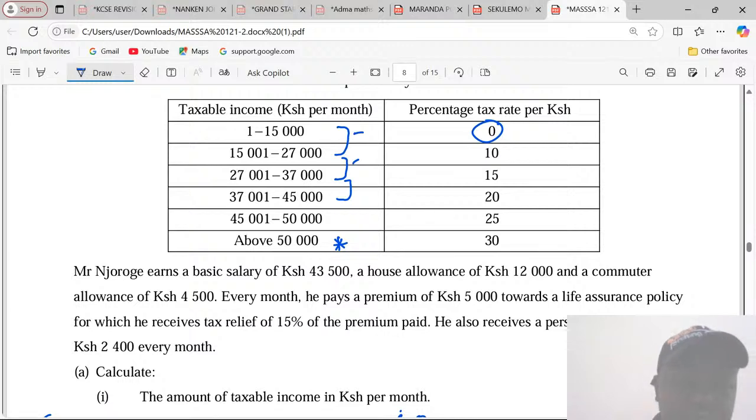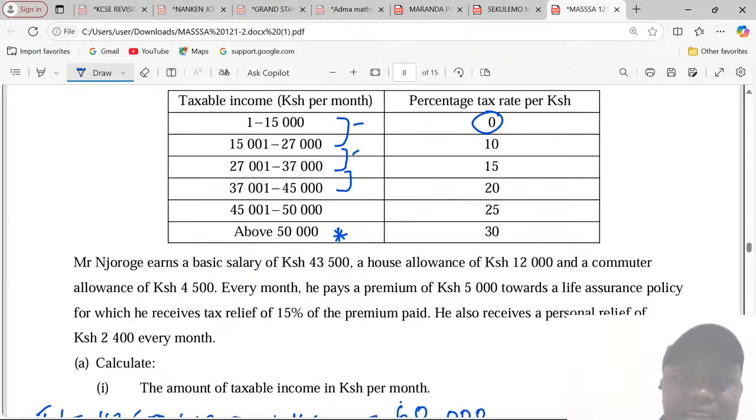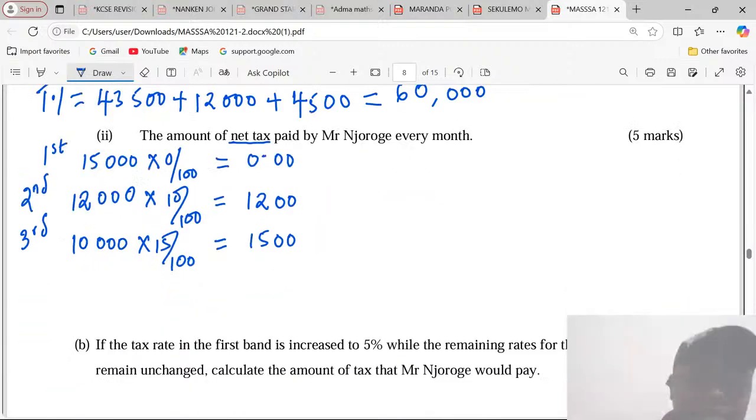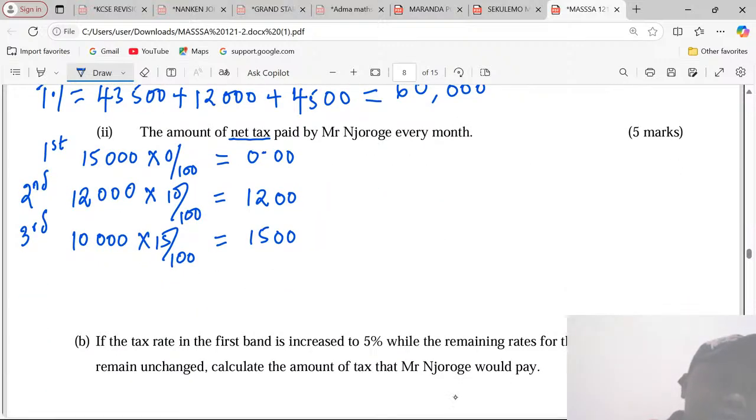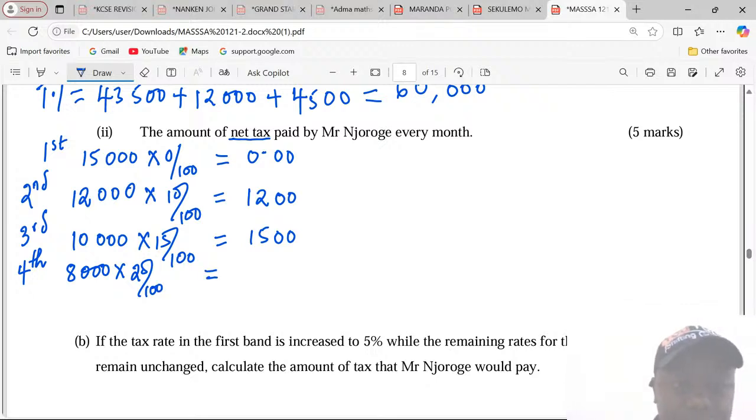In the fourth bracket, it will be 45,000 minus 37,000, and this gives us 8,000 at the rate of 20%. So at the rate of 20%, we'll get 1,600.